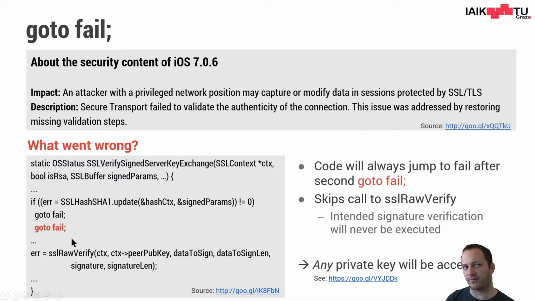And because of the indentation here, you don't see the bug immediately, but essentially it skipped the SSL raw verify, so the intended signature verification was never done, and in practice this meant that the implementation just skipped the server key exchange step. So this would allow any private key to be accepted.